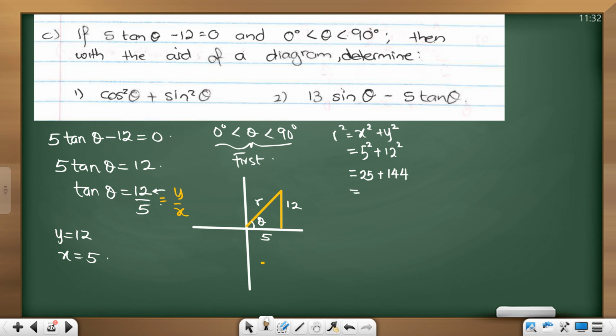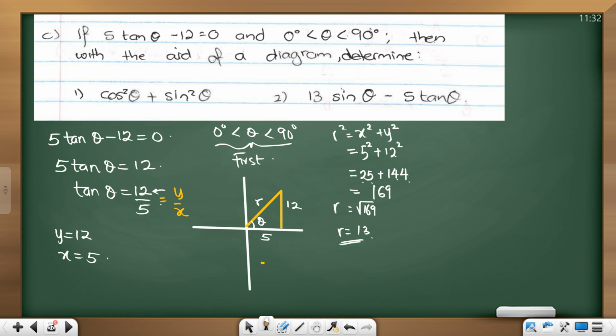What is 144 plus 25? What is 5 plus 4? 9. What is 2 plus 4? 6. And then 1. What is the square root of 169? 13. It is always positive. So our R is 13.